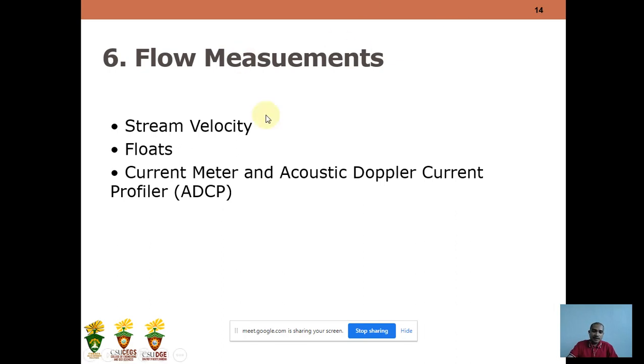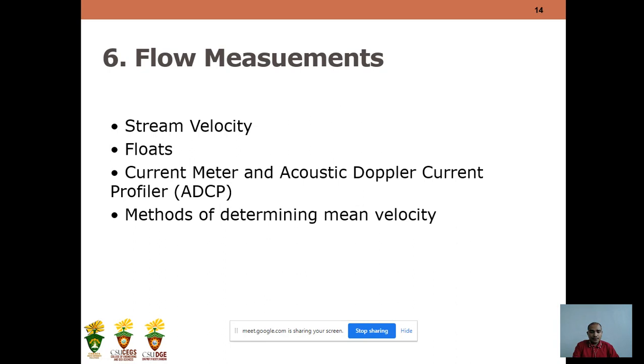So in flow measurements, we need to learn first how to collect the stream velocity and how to get the cross-sectional area, so that we can also get the discharge. But ADCP automatically calculates the discharge of a certain stream.